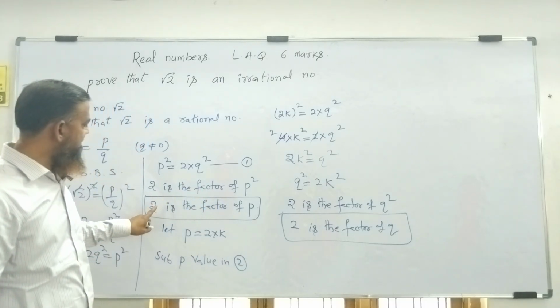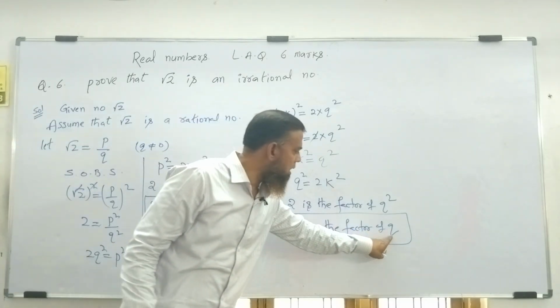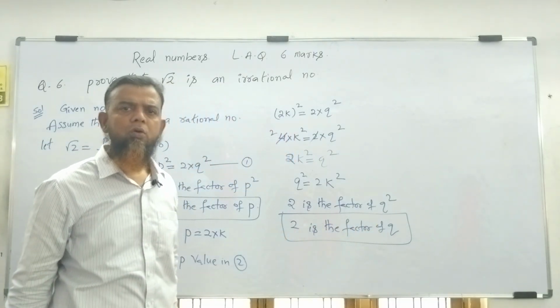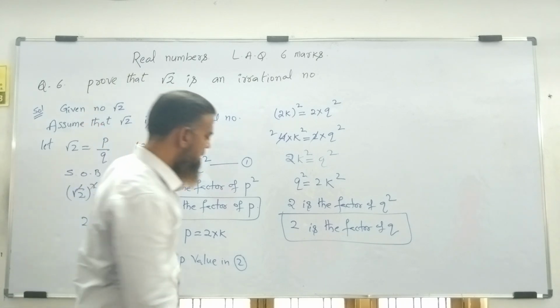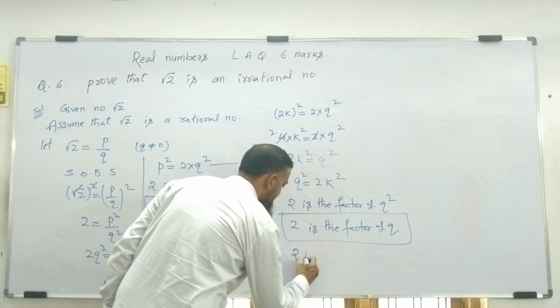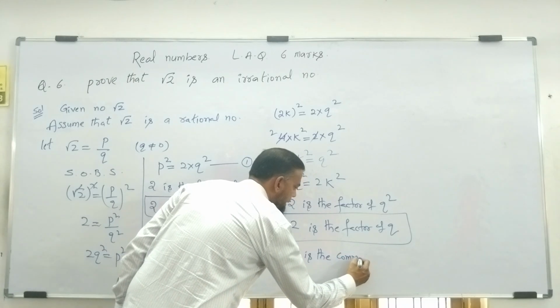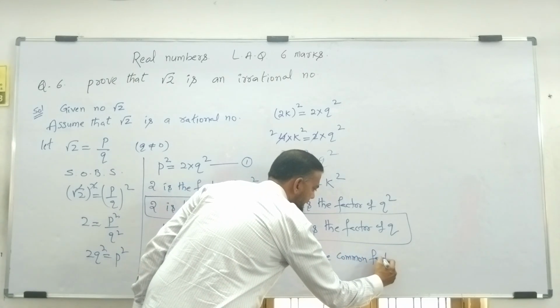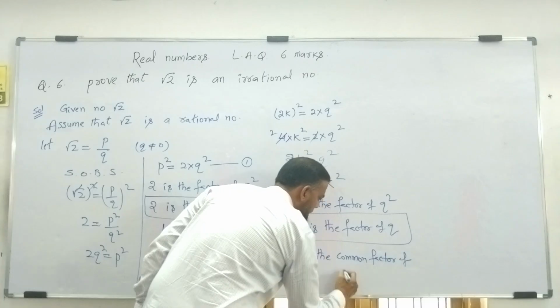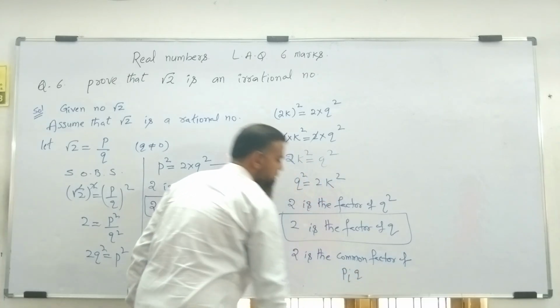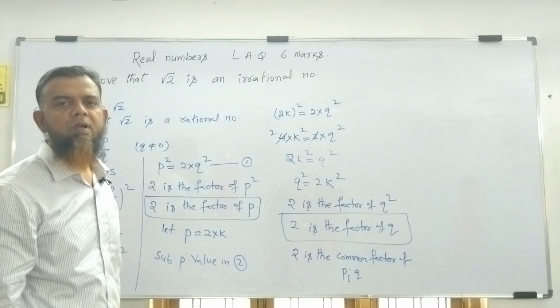A factor of p is 2, a factor of q is 2, so combining both, it becomes common. So 2 is a common factor of p comma q.